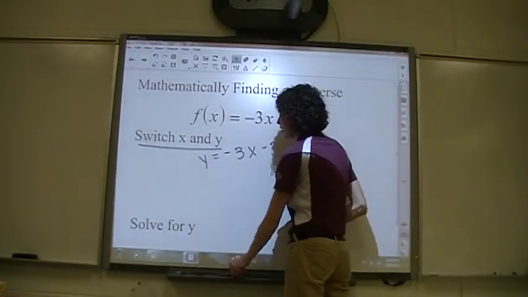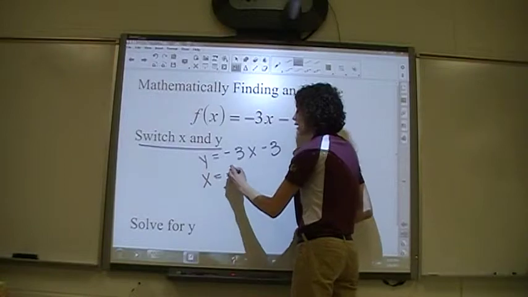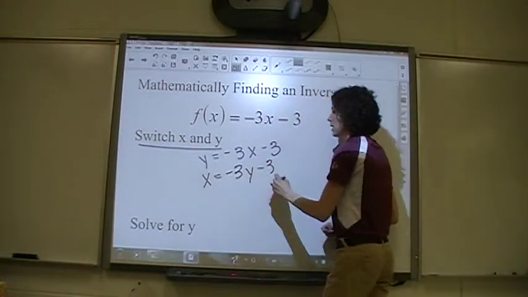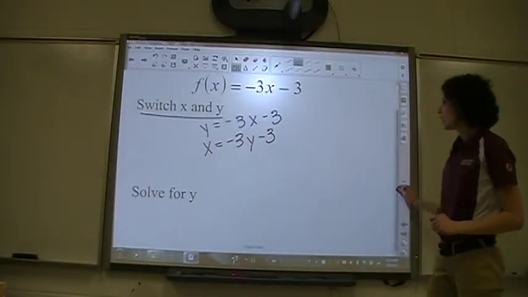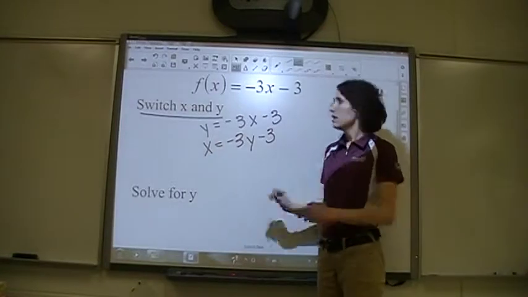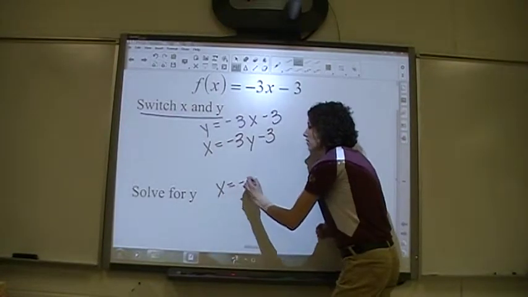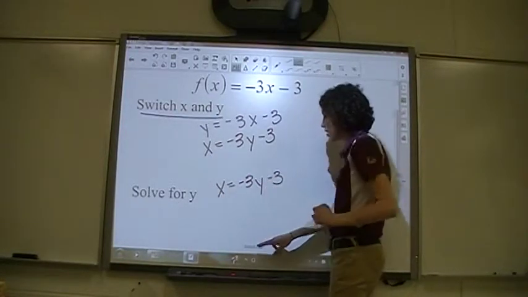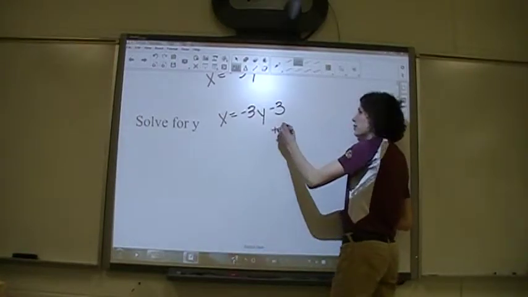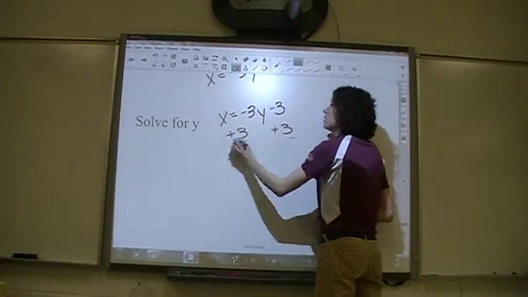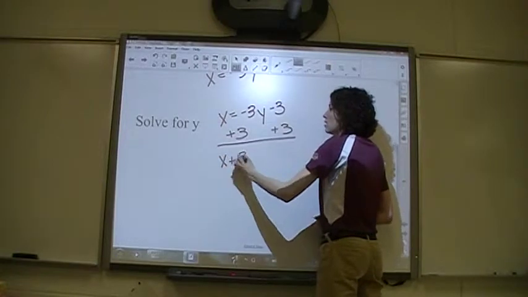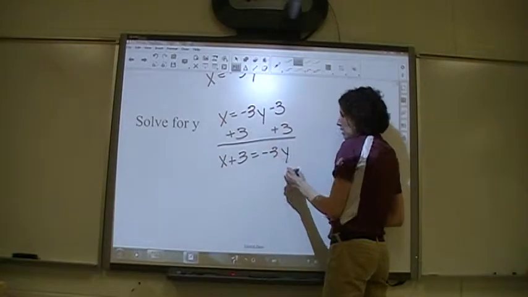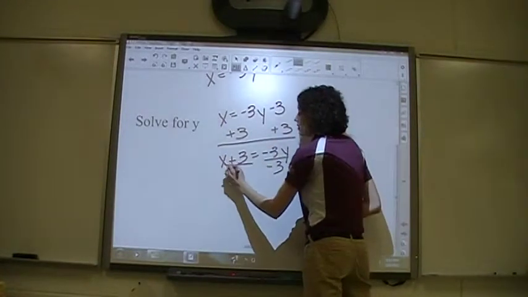So when we switch these, you make it x equals negative 3y minus 3. Then from there, you want to solve for y. So if we have x equals negative 3y minus 3, solve for y by adding 3 on both sides. So you have x plus 3 equals negative 3y, and then divide everything by negative 3.